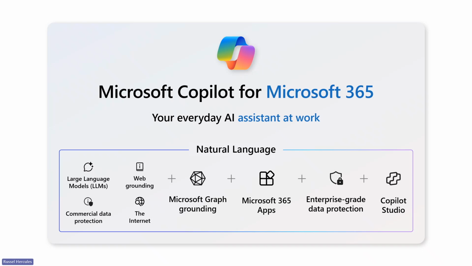That means pulling from your documents, emails, calendars, chats, meetings, contacts, etc., all with enterprise-grade data protection, security that you've come to expect from Microsoft, and customization capabilities to personalize your Copilot experiences for your own organization with Microsoft Copilot Studio. Copilot for Microsoft 365 works alongside you, embedded in Microsoft 365 apps that you use on a daily basis.